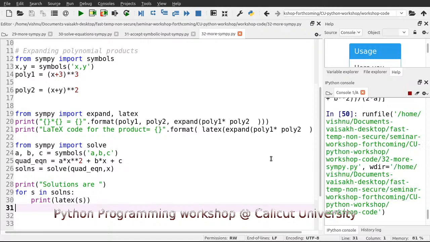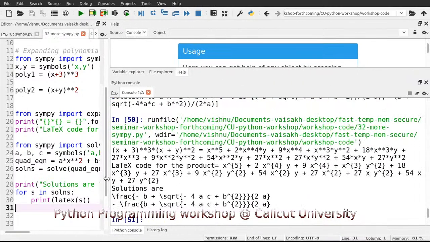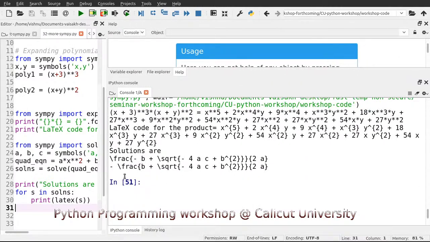So what will happen? The solutions are fraction minus b plus backslash square root minus 4a. See that? These are the two solutions. Minus b plus square root of b square minus 4ac, of course b square minus 4ac is listed in the reverse order, doesn't matter, by 2a, and this.